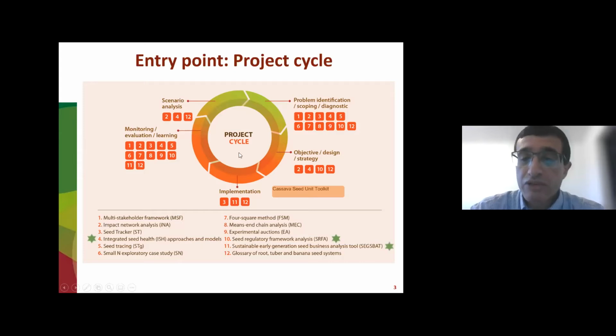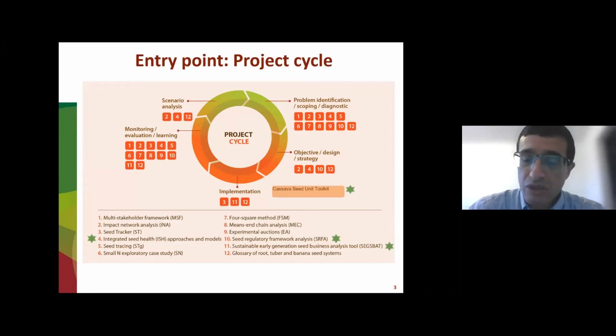Seed regulatory framework analysis is the number 10. It also can be used for diagnostics, for objective design strategy, for monitoring and evaluation and learning. And then we have the Cassava seed unit toolkit that can be used, I understand, for objective design strategy and also for implementation.